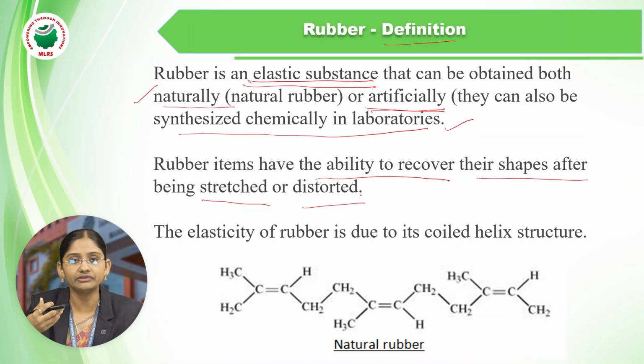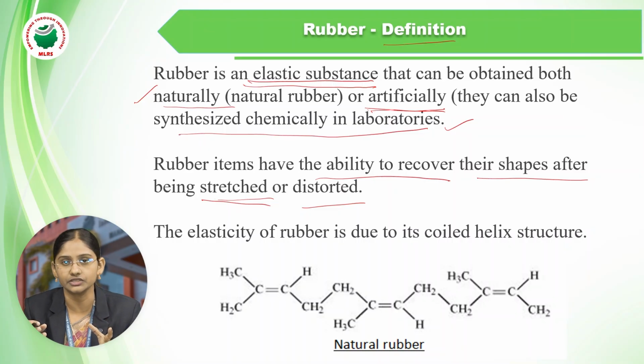That means when we apply pressure to the rubber, it will be elongated, and when we release the pressure, it comes back to its original position. So when we stretch or release, rubber comes back to the normal position. That is the elasticity, and that's why we use it for various purposes. But how does this elasticity come to the rubber?